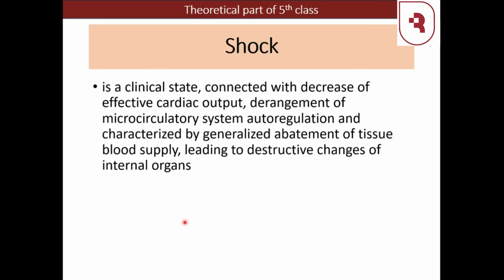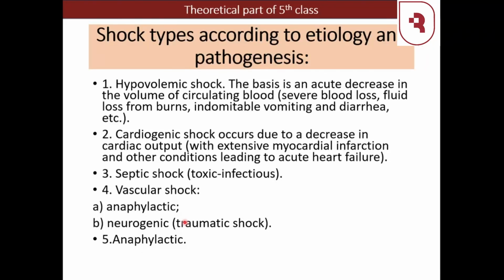Shock. It is a clinical state connected with a decrease of cardiac output, derangement of the microcirculatory system and autoregulation, and characterized by generalized impairment of tissue blood supply, leading to destructive changes of the internal organs. Types of shock, according to etiology and pathogenesis: hypovolemic shock, as a result of decrease of blood volume in the organism.